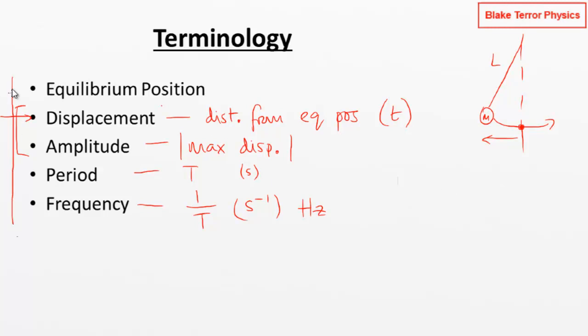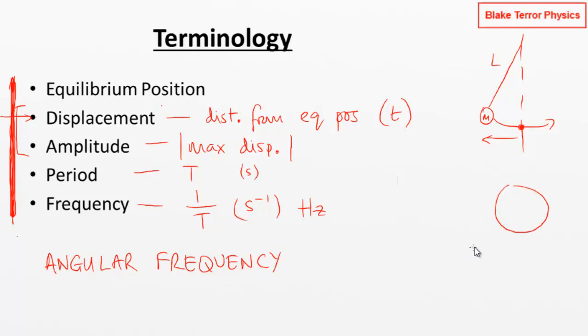So these are the main bits of terminology that we're going to be using. There is one other thing which is going to come up when we start looking at a specific type of oscillation. So I'll give a little heads up on that in a moment, and that's this idea of angular frequency. Because as we'll see in the next video, there is a strong relationship between oscillations and circular motion. So we're going to be looking at this relationship, which is just swinging backwards and forwards in this case, the same horizontal plane.